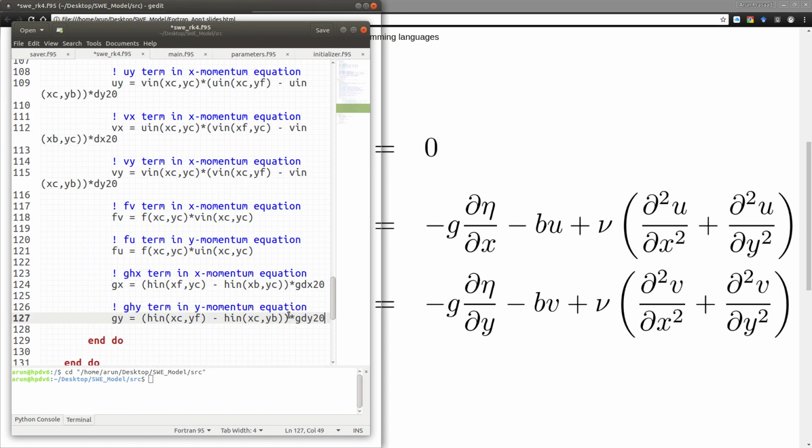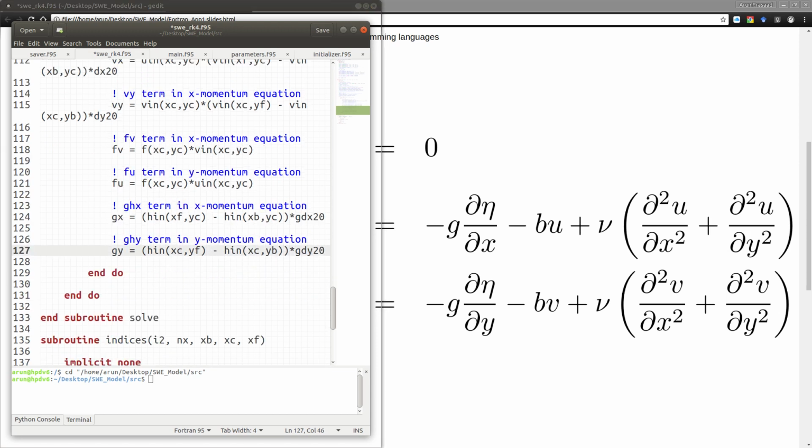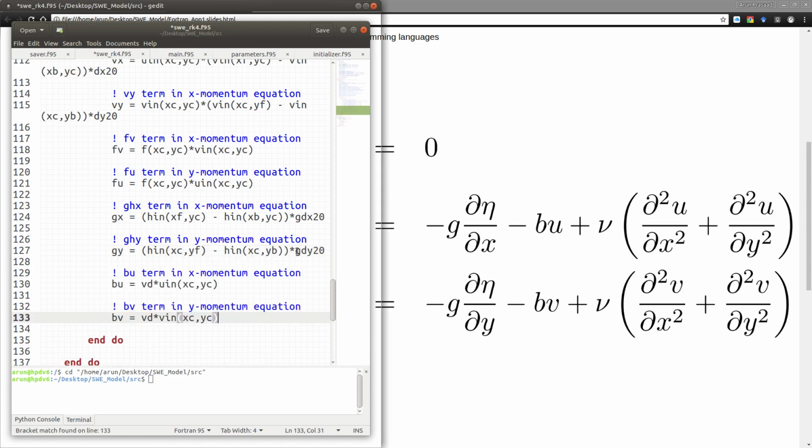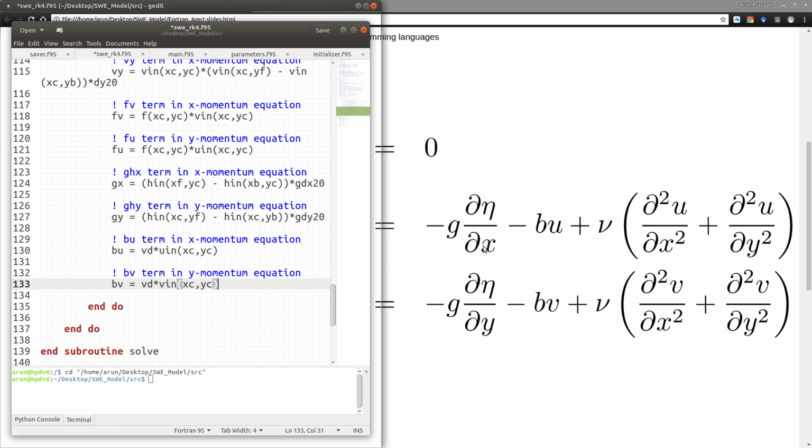This term g dx20 takes care of that. Similarly, this term over here takes care of the derivative in the gy term, this term in the y momentum equation.